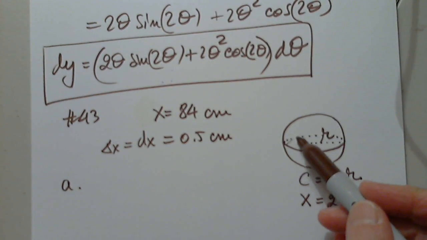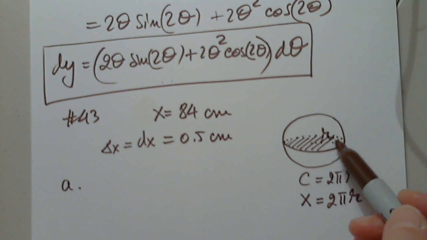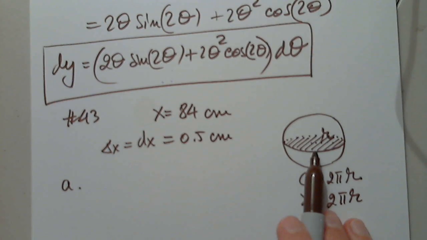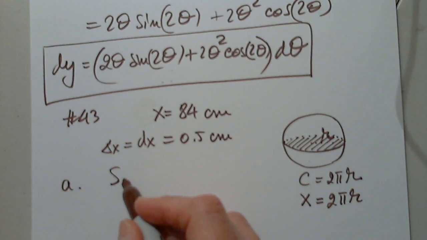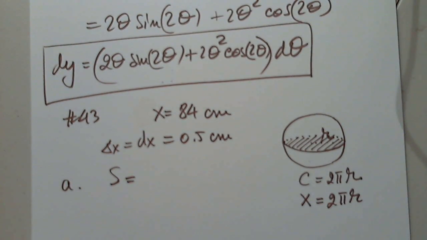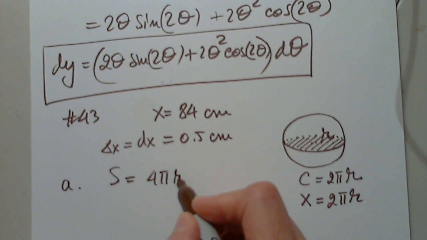Now they're asking us to find the estimated error in the area. Use differentials to estimate the maximum error in the calculated surface area. I'm sorry, surface area. So remember the surface area comes from 4 pi over 3 r cubed. So it's 4 pi r squared.